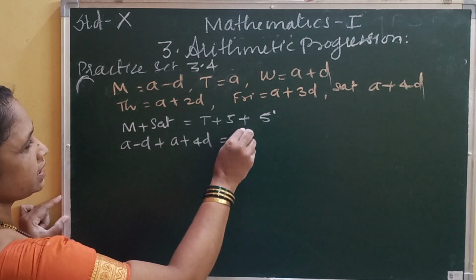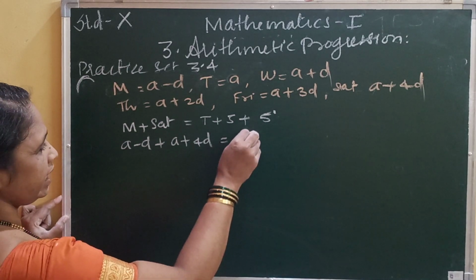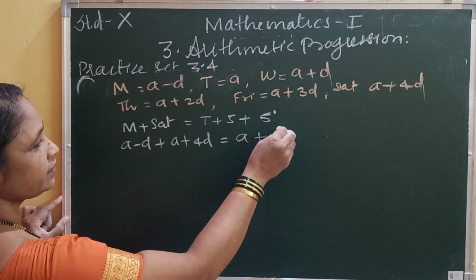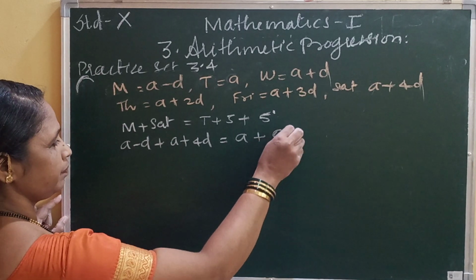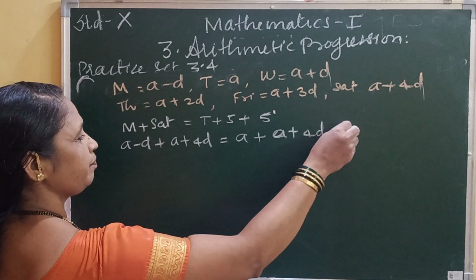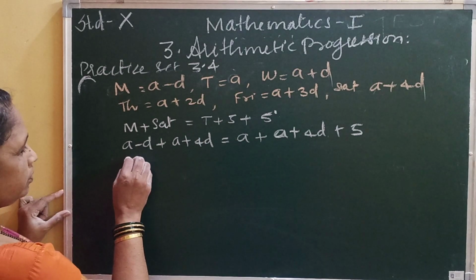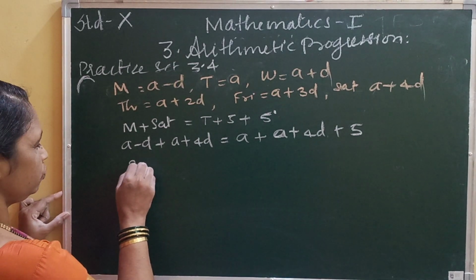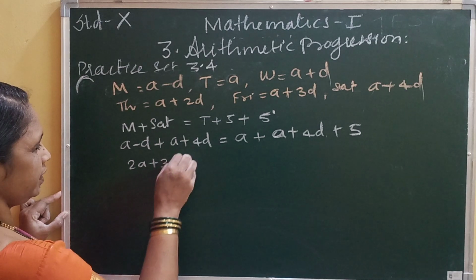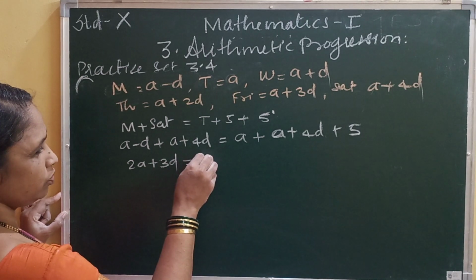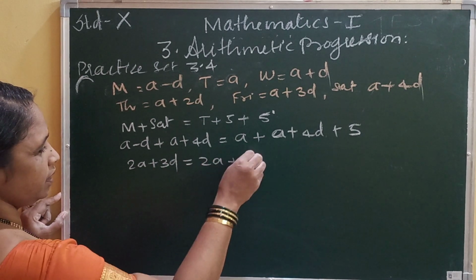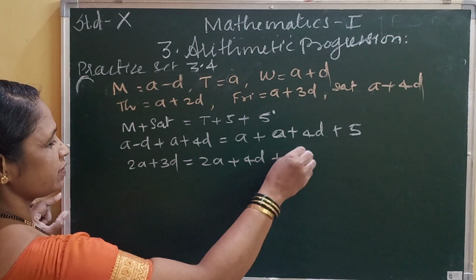And Tuesday's is A plus Saturday is A plus 4D plus 5. Okay, now see here, this is 2A plus 3D is equal to 2A plus 4D plus 5.